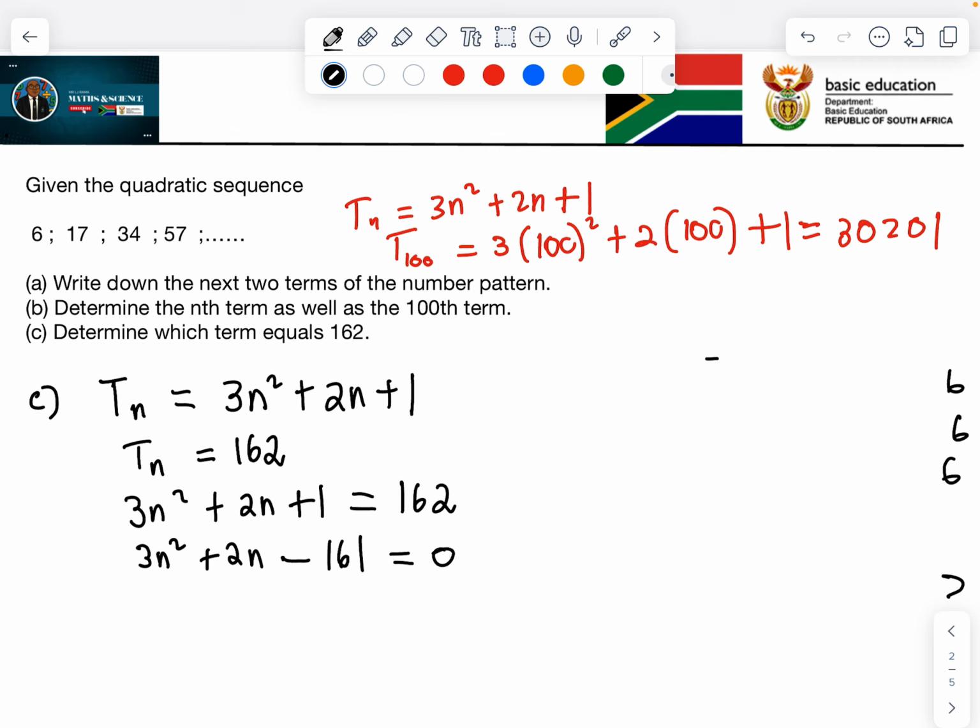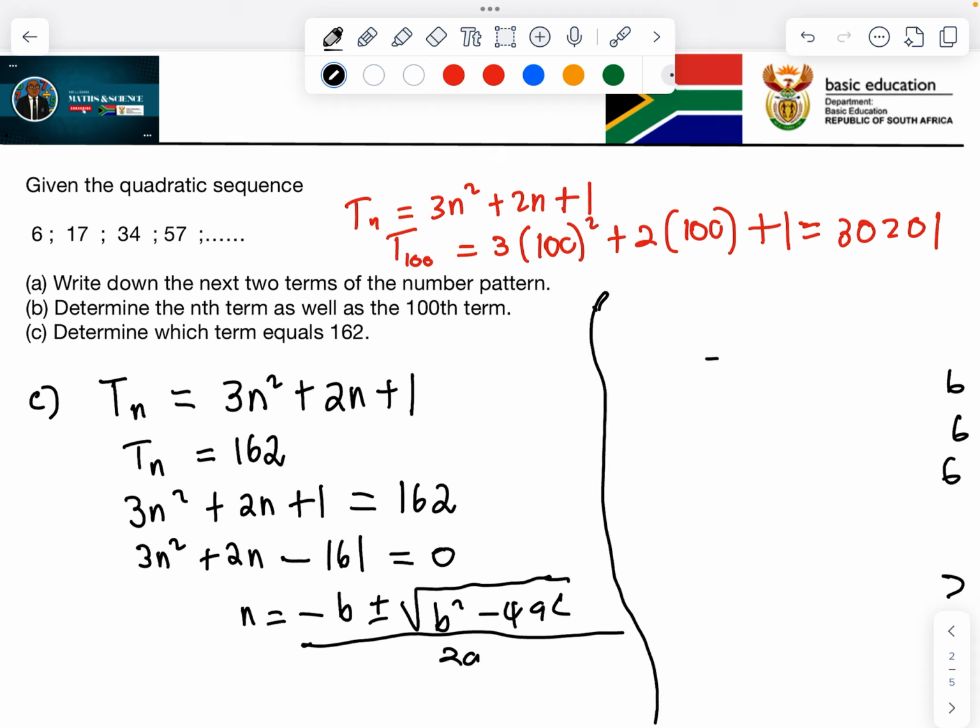Then from here, to solve for n, I suggest that maybe you use the quadratic formula, which is n equals minus b plus or minus the root of b squared minus 4ac all over 2a. Then you substitute your values into the formula. We know that our a is 3, our b is 2, and our c is minus 161.